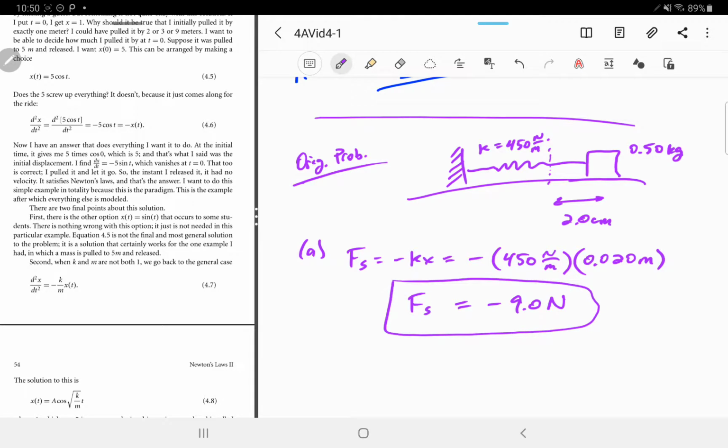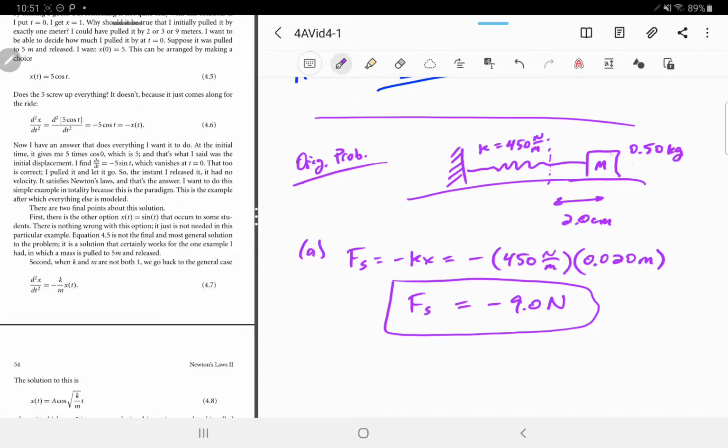So the negative means that our positive x direction is defined to be the direction that we stretch the spring. The negative means that the direction of the force on the mass is opposite that. So not the direction that stretches the spring out, but the direction that compresses the spring.